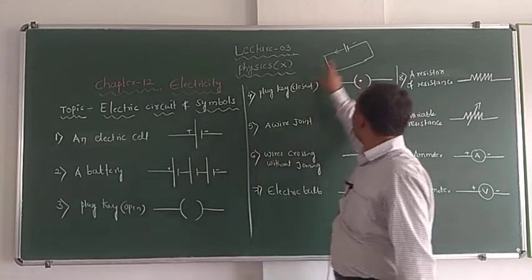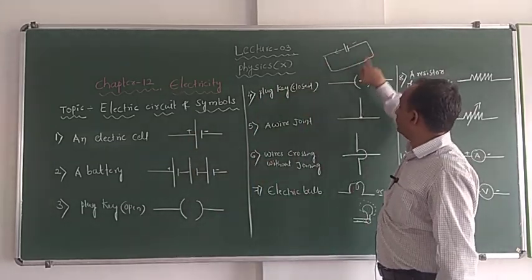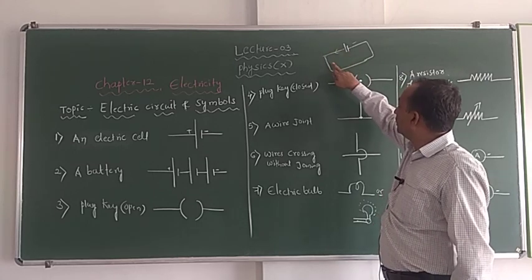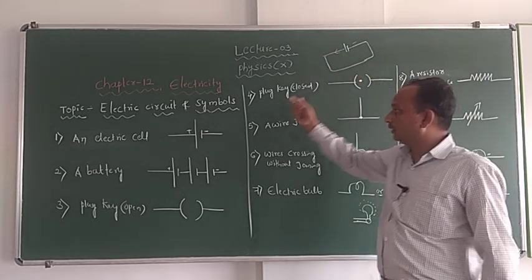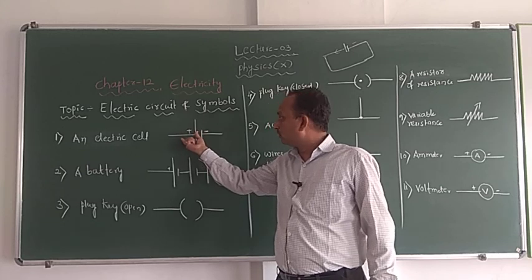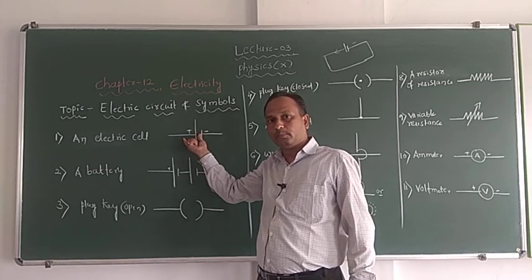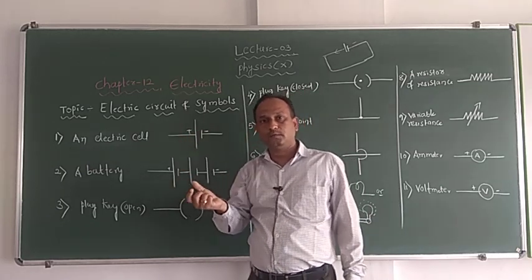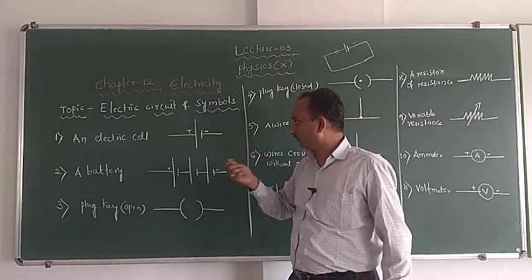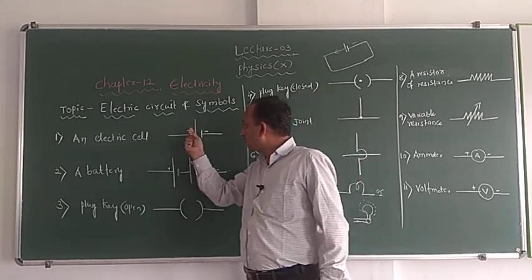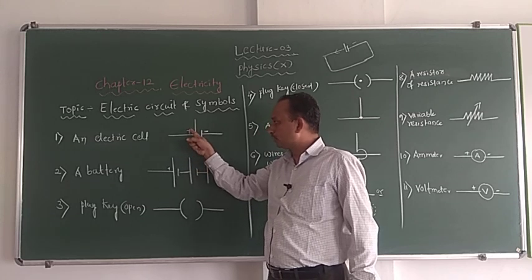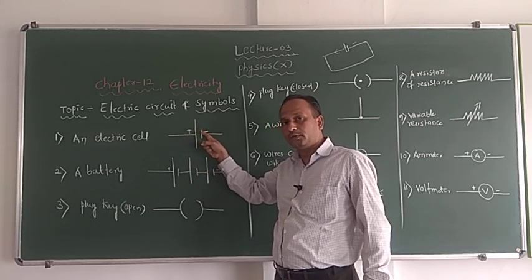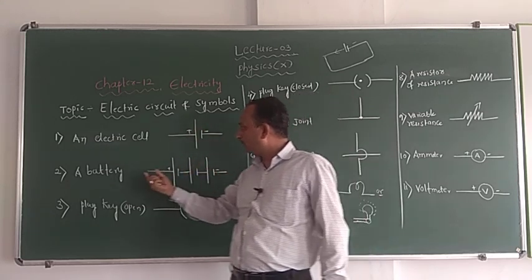The electrons will be moving from negative to positive, and the conventional current will be moving from positive to negative. As the charges move, a flow of current is produced. The bigger terminal we call the positive point, and the smaller one we call the negative point.